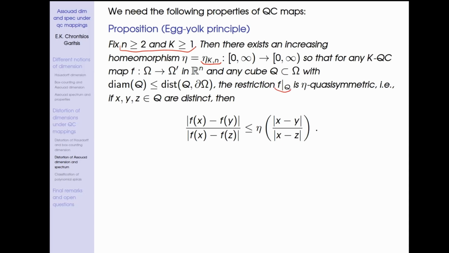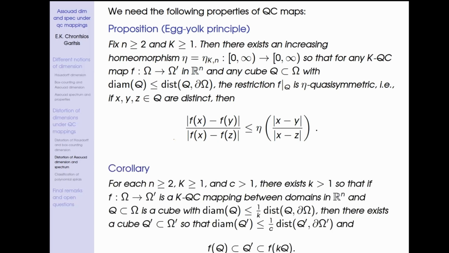And what does that mean? It means that for any distinct triplets, the map satisfies this inequality for the distances of the points versus the distances of the images of the points. And this can be stated for balls as well, not just cubes.